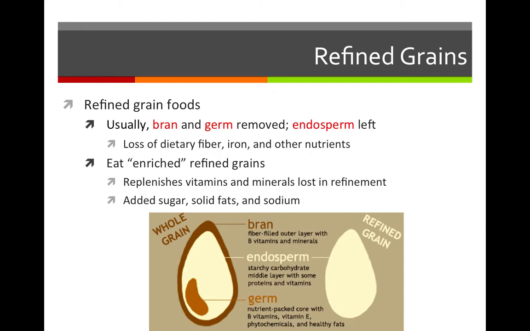Now, it wasn't until the 1930s and 40s that the U.S. began to recommend grain products be enriched or replenished with the vitamins and minerals lost during refinement. Even though enrichment does increase the nutritional value of many foods, often the main sources of refined enriched carbohydrates are white flour, white bread, white rice, pasta, and breakfast cereals with lots of added sugars, fats, and sodium.